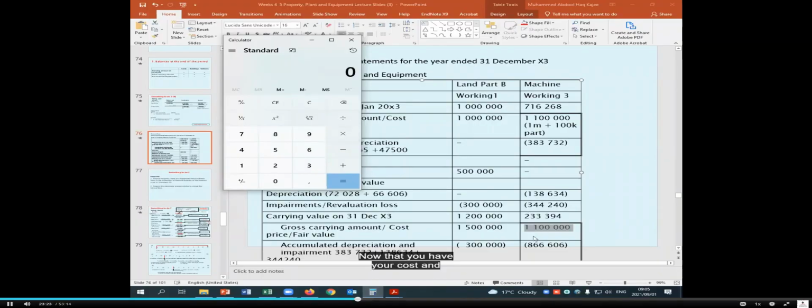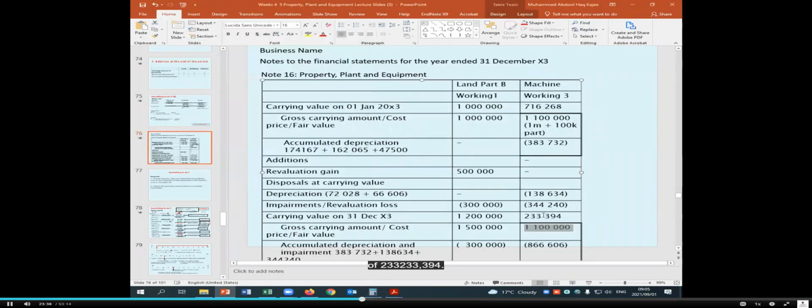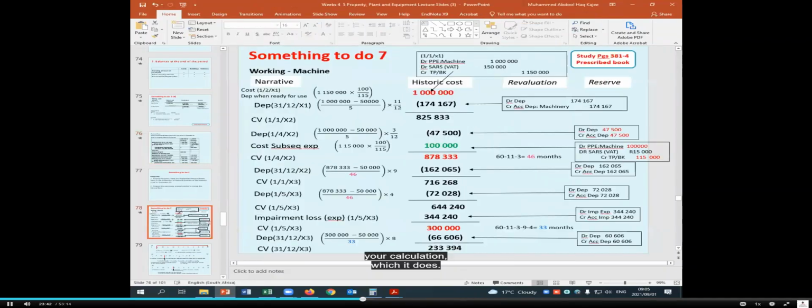Now that you have your cost and your accumulated depreciation and impairment for the end of the year, you can work out your carrying value of 233,394, and this should tie up to your calculation, right? Which it does.